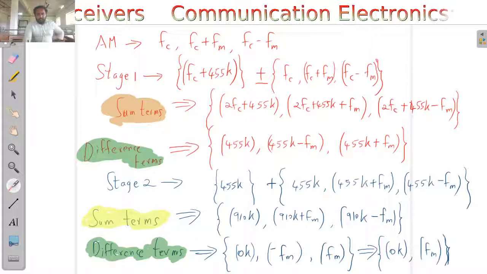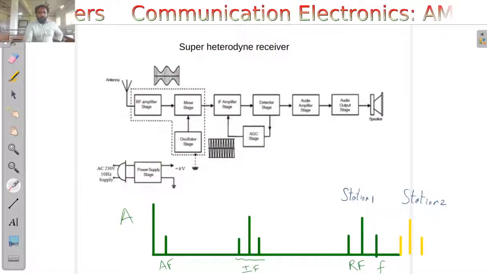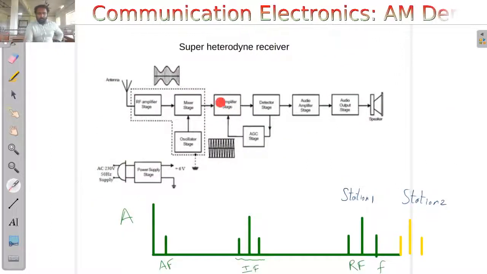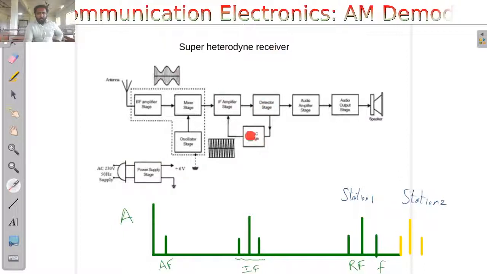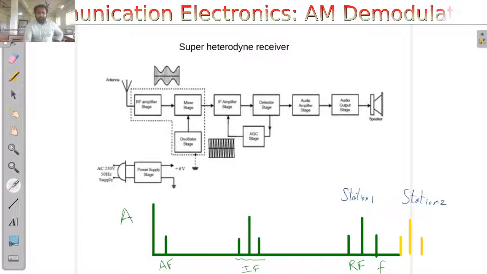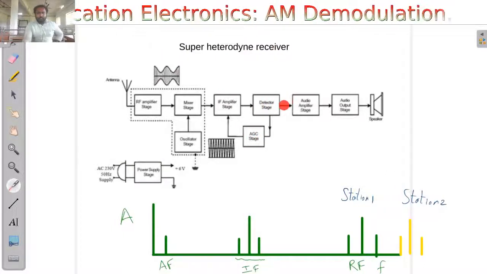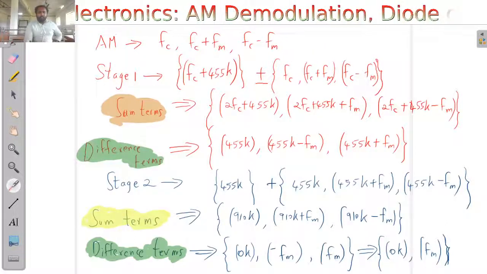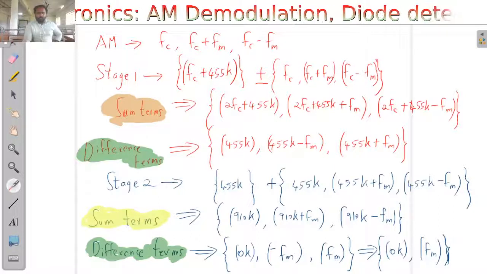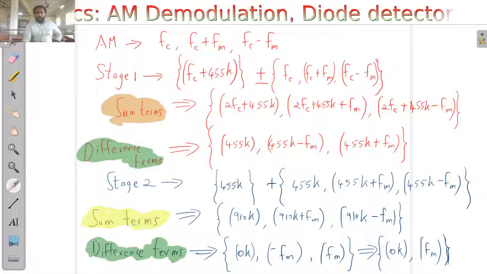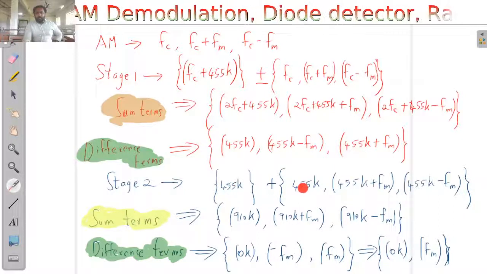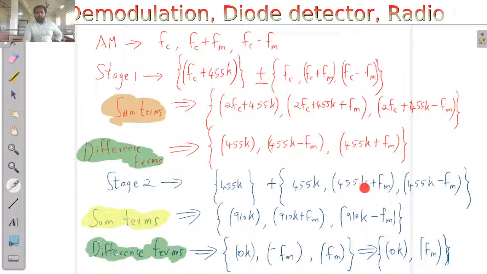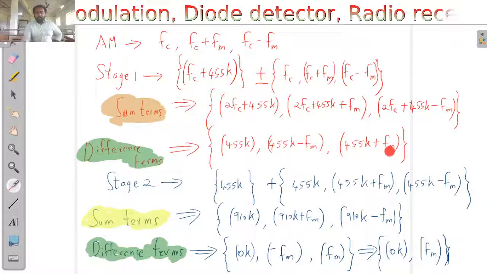And stage 2 is represented by the IF amplifier, detector and automatic gain control stage. So after the detector stage, the stage 2 output will be like this: 455K plus 455K, 455K plus Fm.